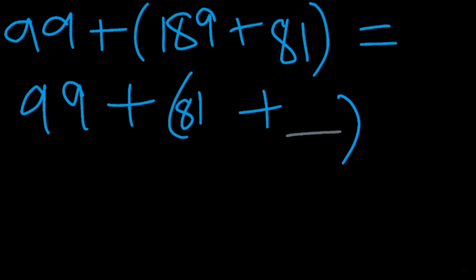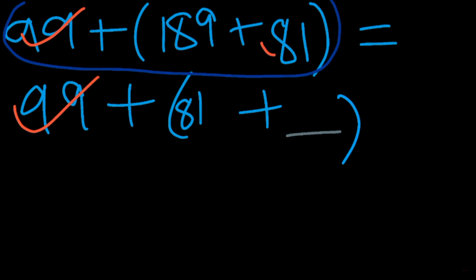What are we going to write as the answer? You don't need to calculate all these things, because we know the same method is going to be followed: there is 99, there is 81, what is missing?